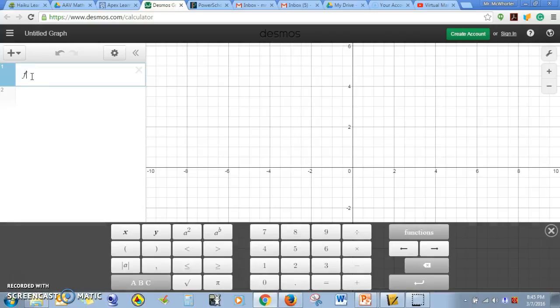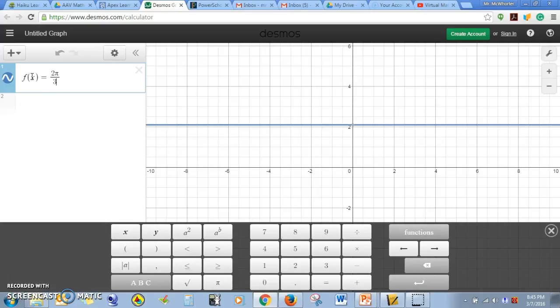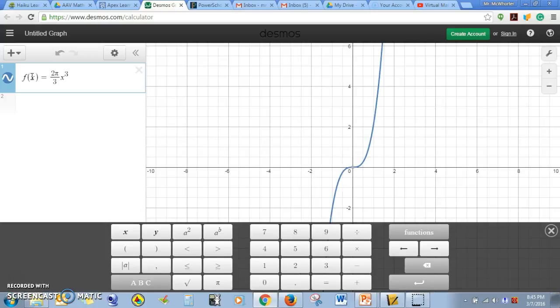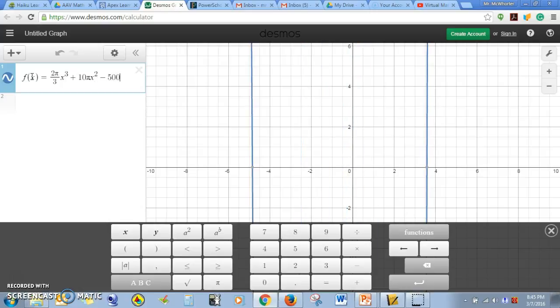Alright, so f of x equals 2/3 pi, which is 2 pi over 3, times x cubed, plus 10 pi x squared (you just type pi to get pi in here), minus 500.